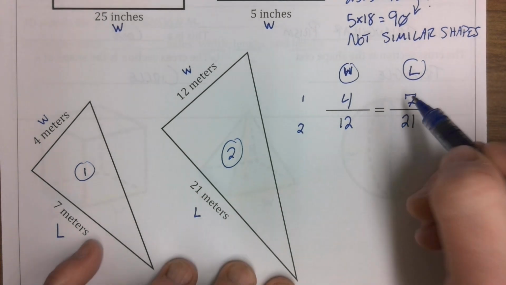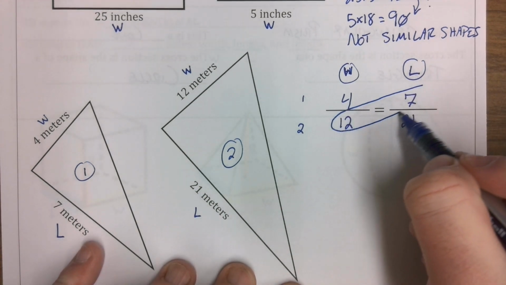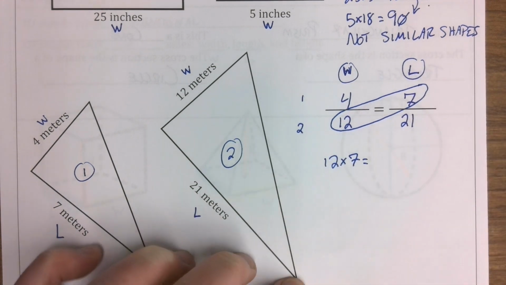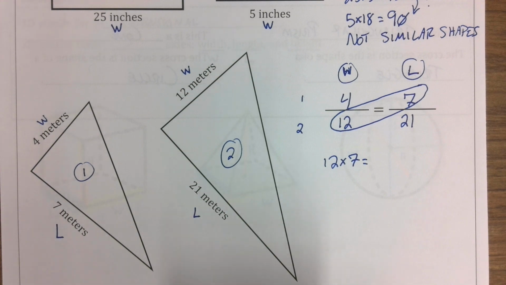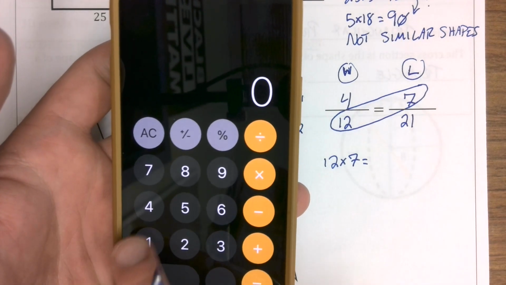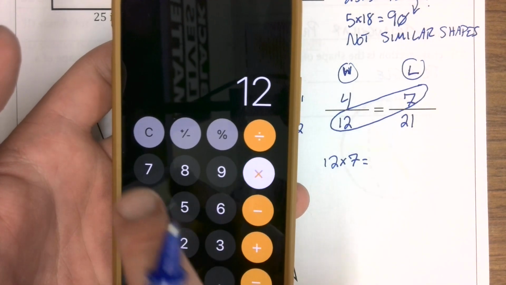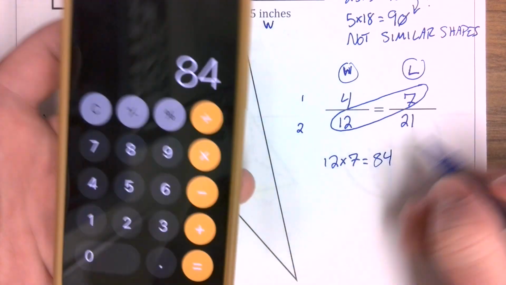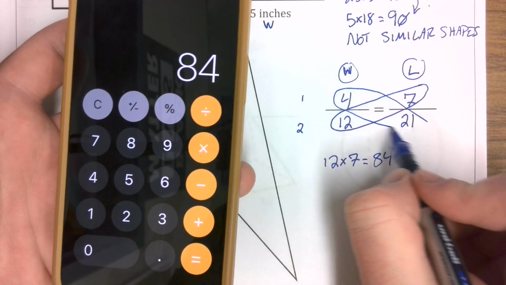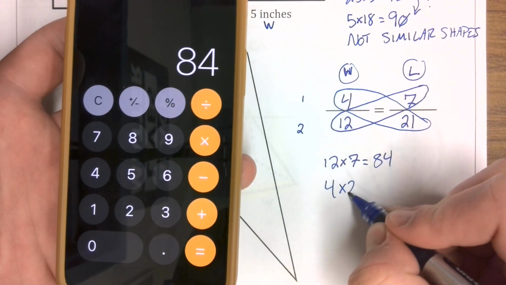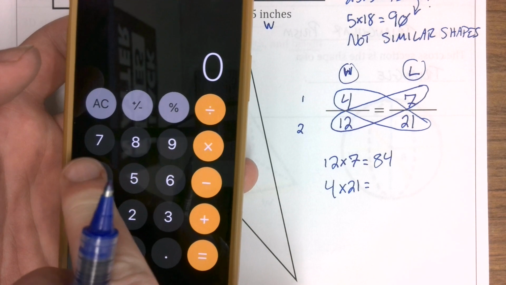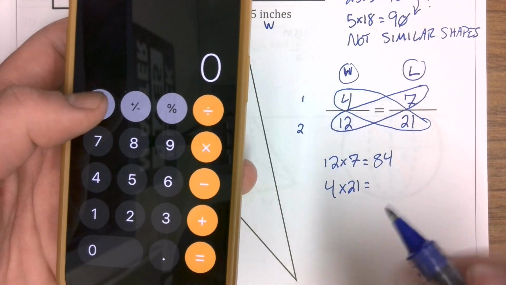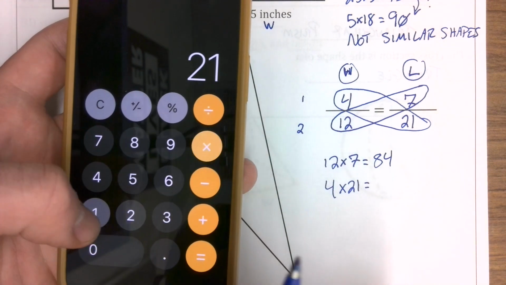Now we're going to cross multiply. 12 times 7, 84. We're also going to multiply 4 times 21.